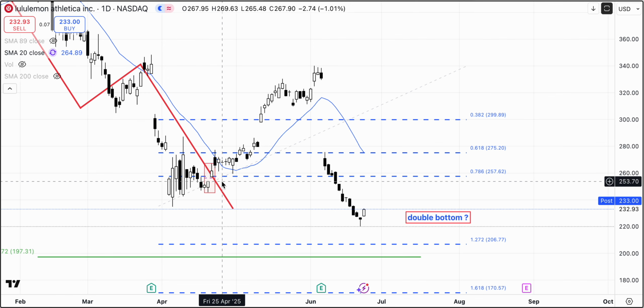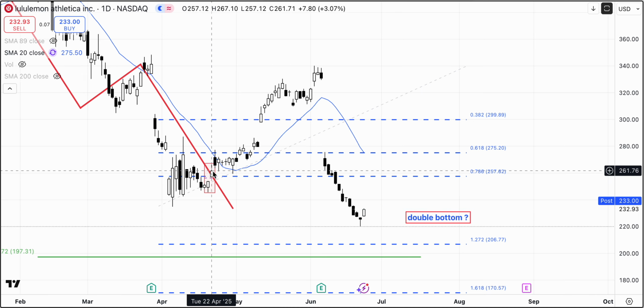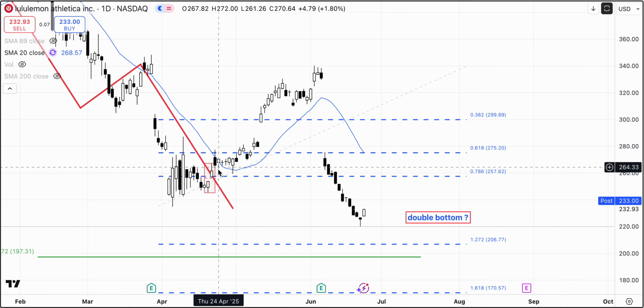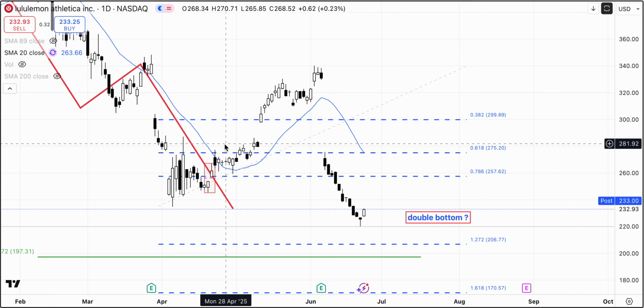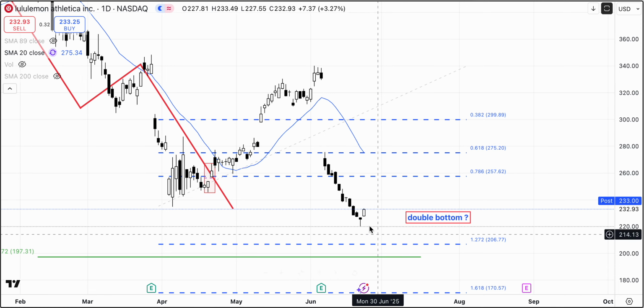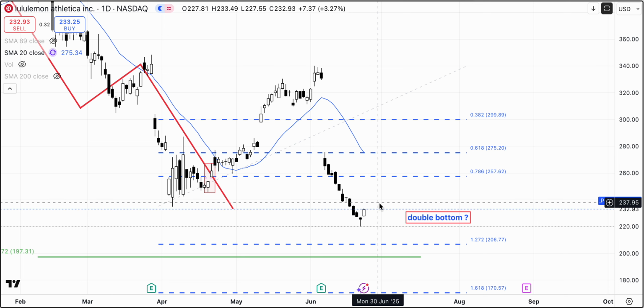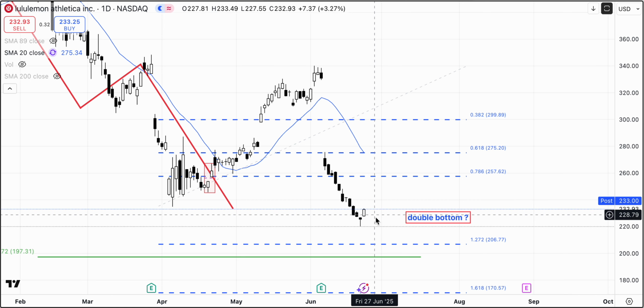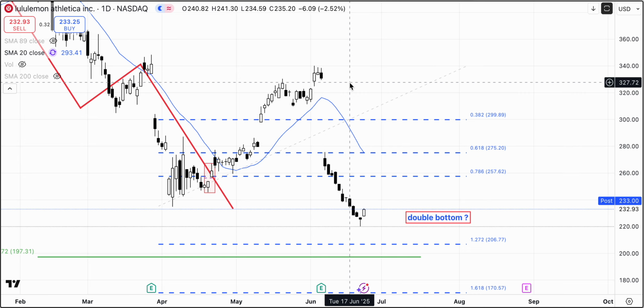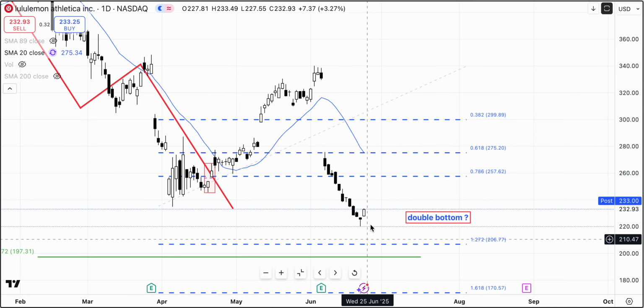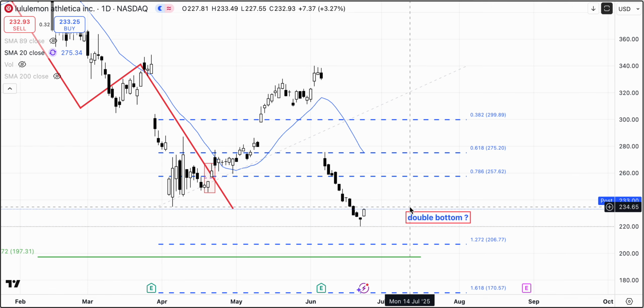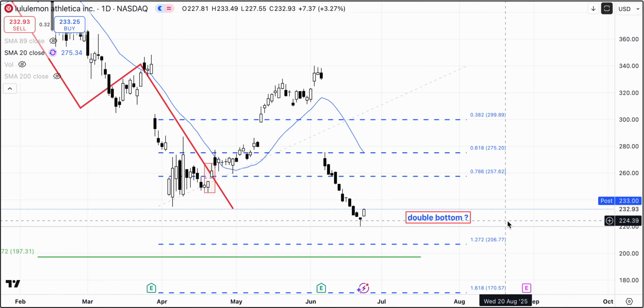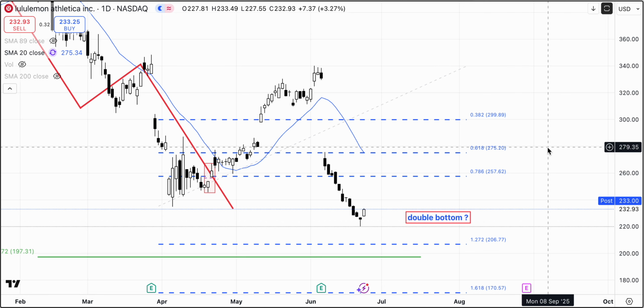Of course, it's not as strong because there is a pretty big wick. Had this been a full body candle, it would have been a much stronger one. So this looks pretty strong, or at least a start of some sort of a reversal. We'll have to see. The momentum is really bearish, so I think it might just go up and down quite a bit. Accumulation begins to come into it, so we'll start to watch this stock, Lululemon, right?